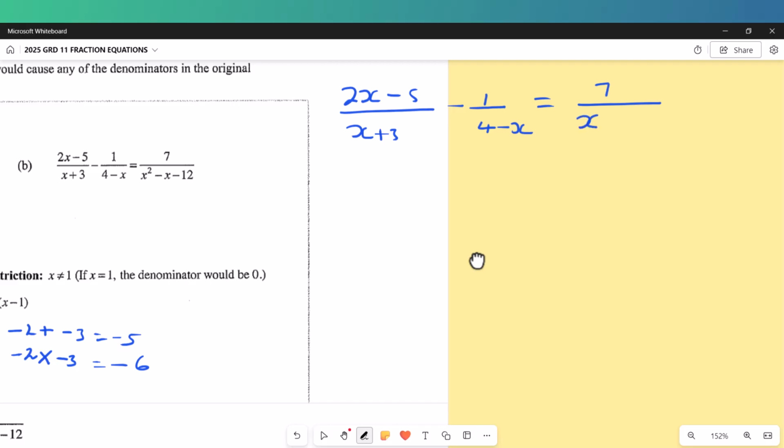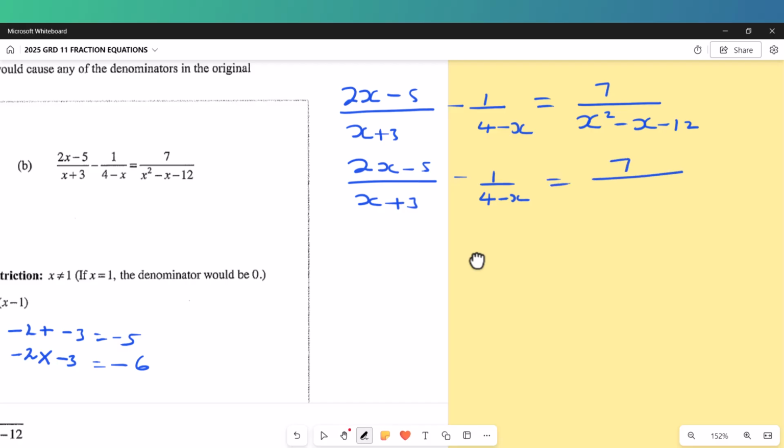Now before I get my LCD here, I'm going to first get the factors. So I have 2x minus 5 divided by x plus 3, then minus 1 over 4 minus x, then equals 7.